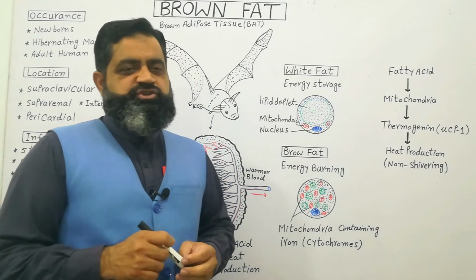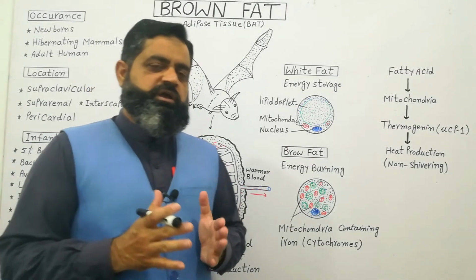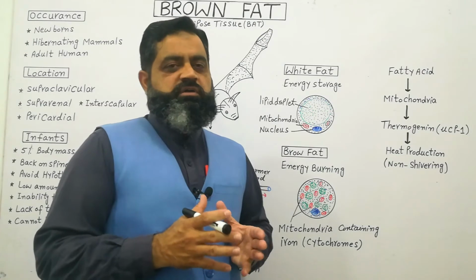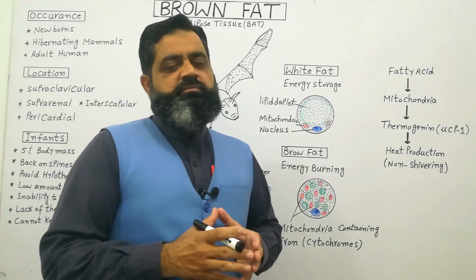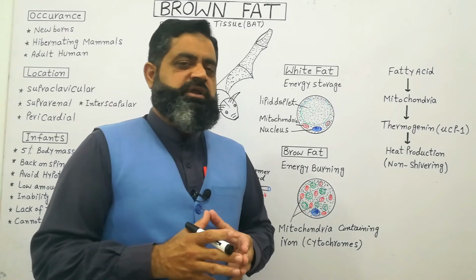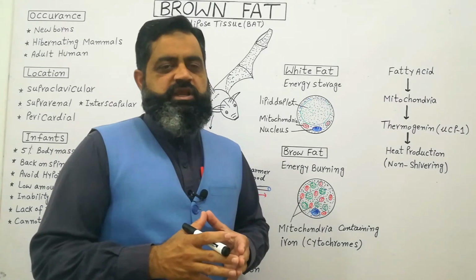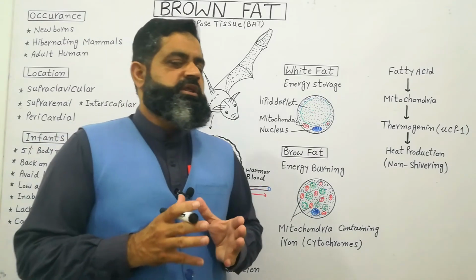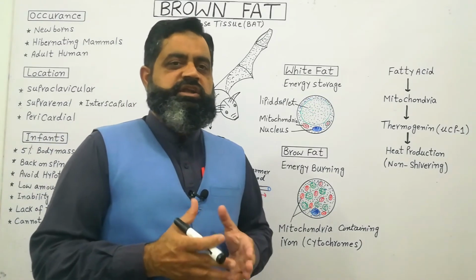During the respiratory chain, in the inner membrane of the mitochondria, protons are pumped out of the matrix, and with the help of the enzyme ATP synthase, ATP is generated. The mechanism is the same, but in this process ATP is not generated and direct heat is produced.